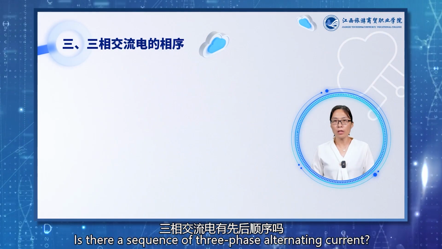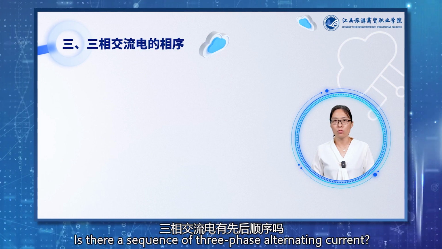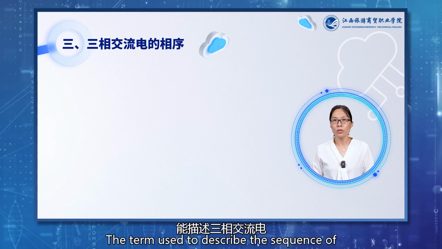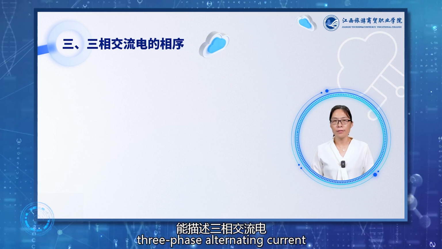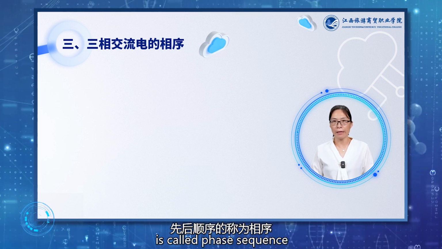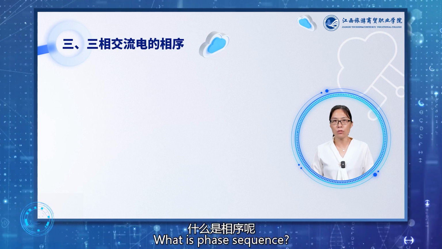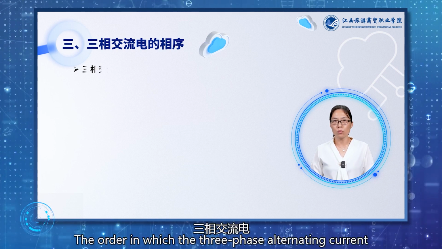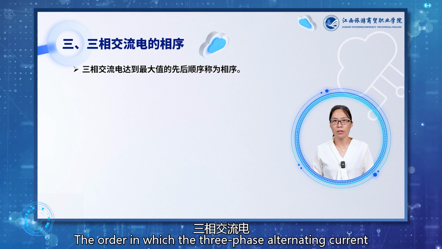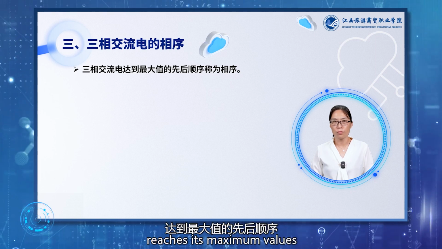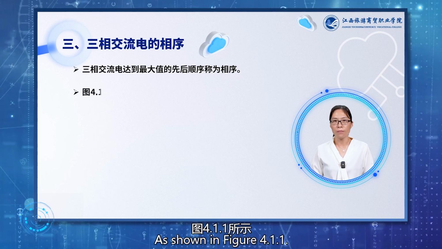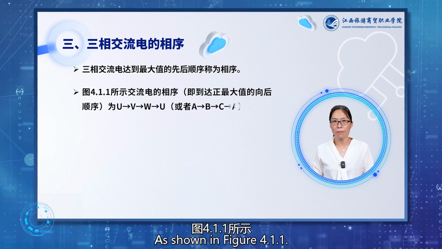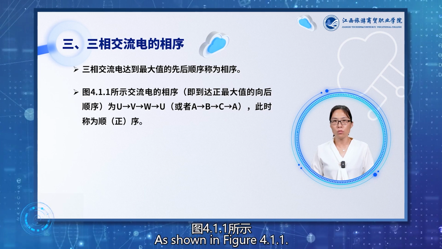Is there a sequence of three-phase alternating current? The term used to describe the sequence of three-phase alternating current is called phase sequence. What is phase sequence? The order in which the three-phase alternating current reaches its maximum values is called phase sequence, as shown in Figure 4.1.1.